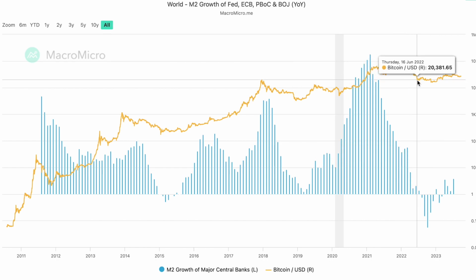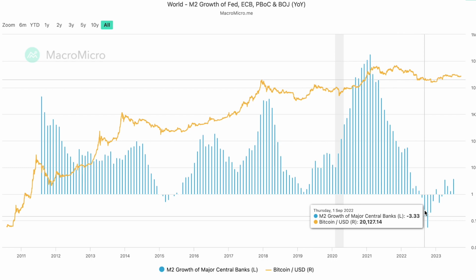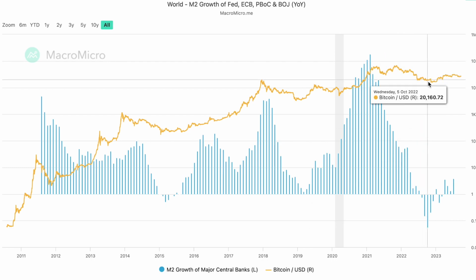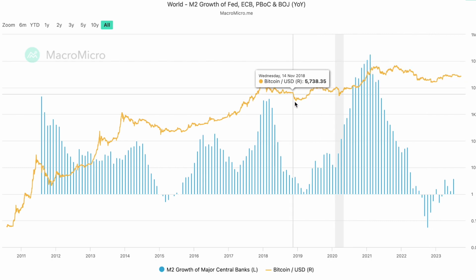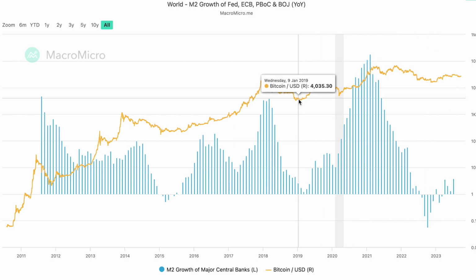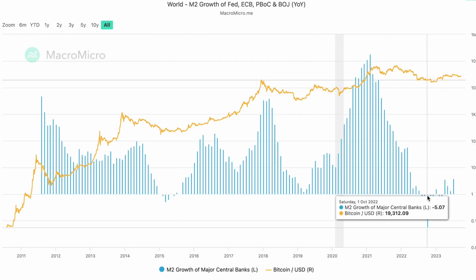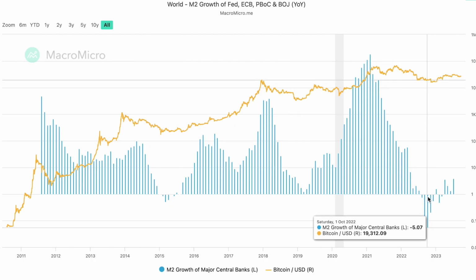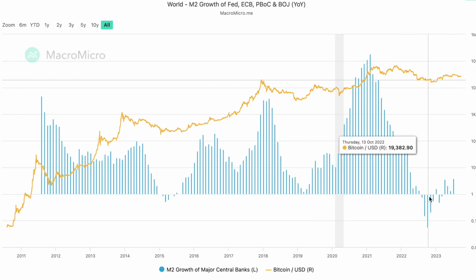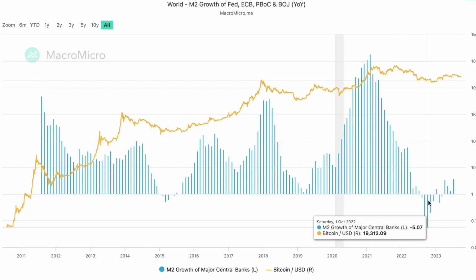But what's really interesting about this chart is once the contraction period started and M2 growth ended up becoming negative again, we saw Bitcoin's bear market, as in this cycle in 2018-2019, and also this cycle back in 2015. We saw the same exact thing happen. But this time, we went down all the way to negative 5.07.